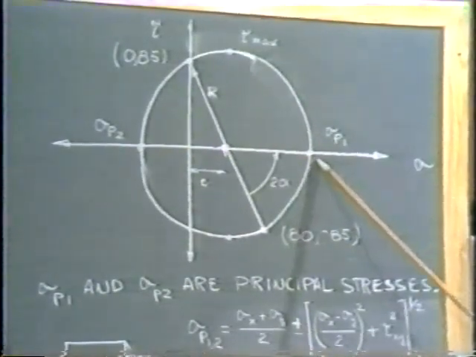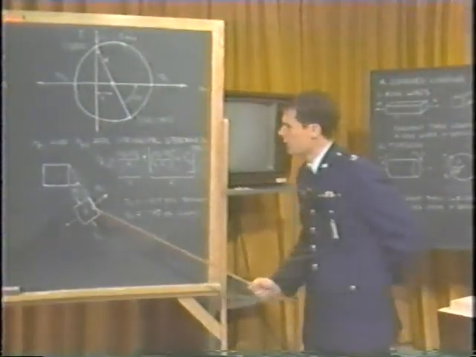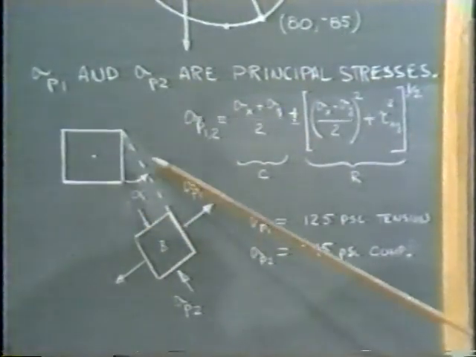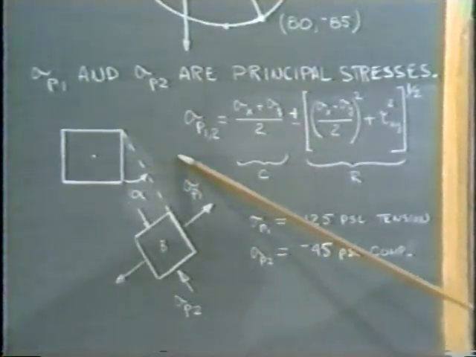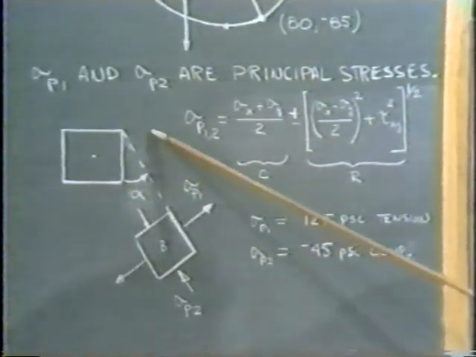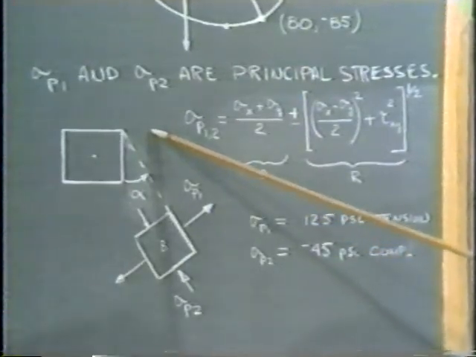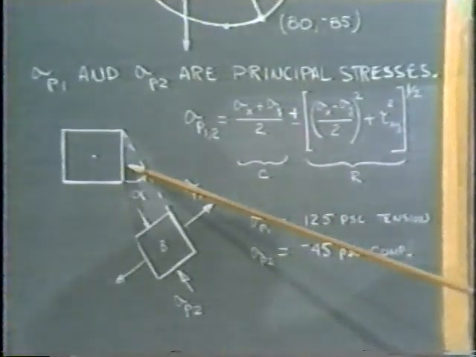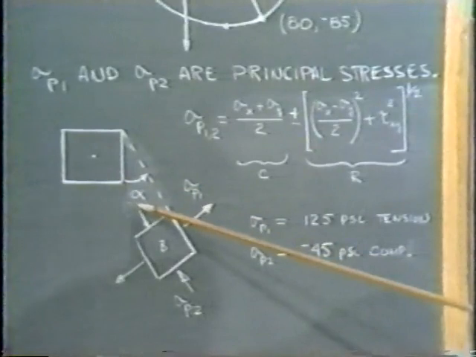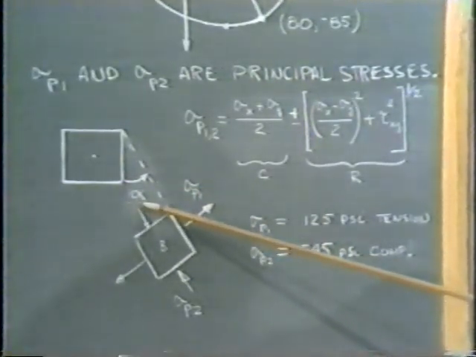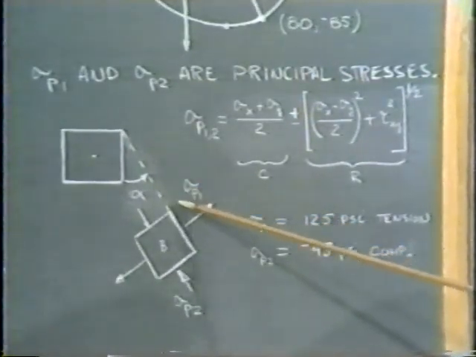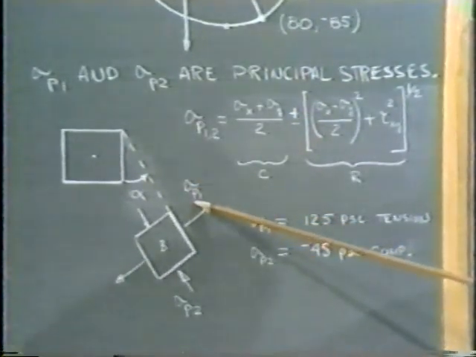I've done that down below here. I've drawn my original stress block as we would draw it the first time. I have omitted here the normal stress, 80 pounds per square inch, and the shear stress in the vertical direction for simplicity. But I have taken the face represented by my first point on Mohr's circle, and I have rotated it in the same direction, but only half as much, alpha. This is the direction on which the first principal stress acts.